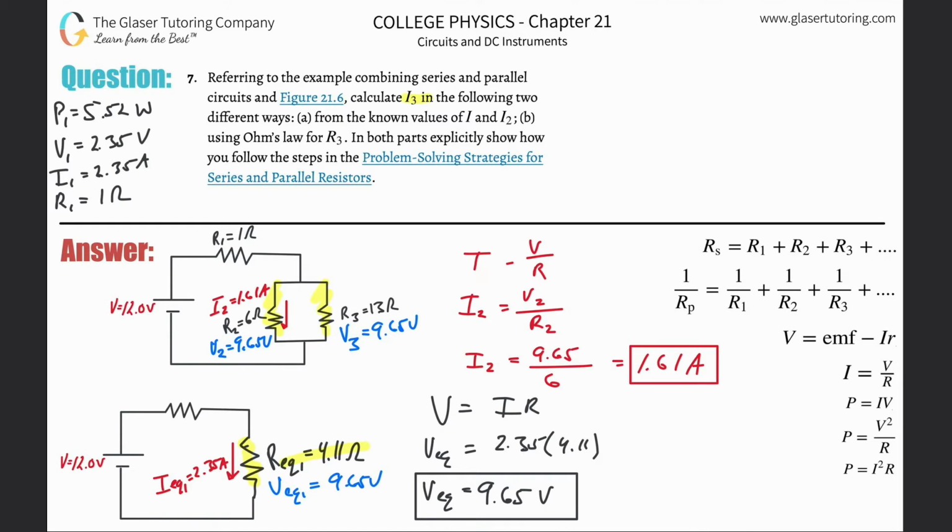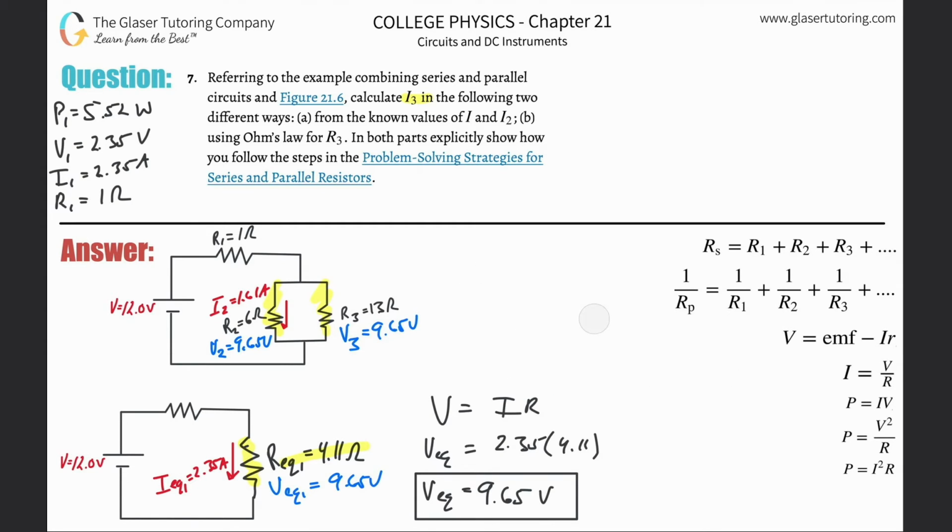Now what can I do? Well, I can also find the current flowing through the other one. I'm going to do the same thing, but for this resistor. I know the resistance, I know the voltage, I can find the current. The same exact way, the current flowing through resistor number 3 will equal the voltage applied to resistor number 3 divided by the resistance of resistor number 3. This is simply going to be 9.65 all over 13.